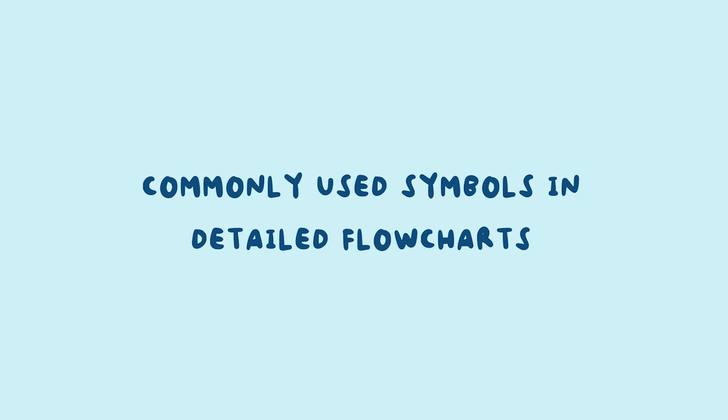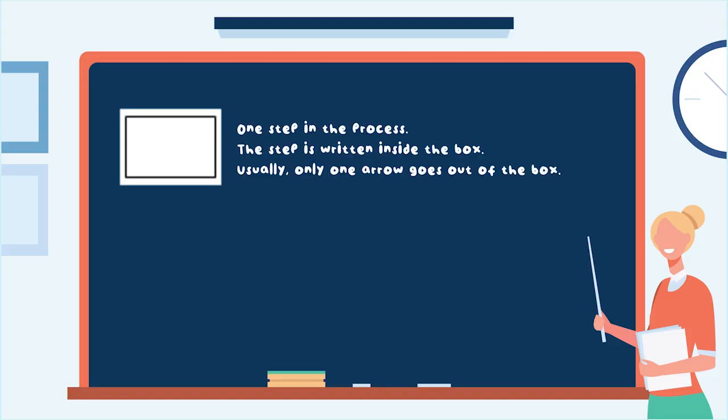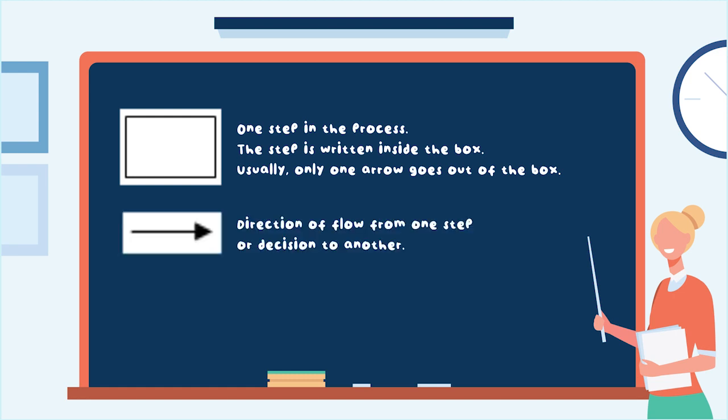Commonly used symbols in detailed flowcharts. Picture 1. One step in the process. The step is written inside the box. Usually, only one arrow goes out of the box. Picture 2. Direction of flow from one step or decision to another.